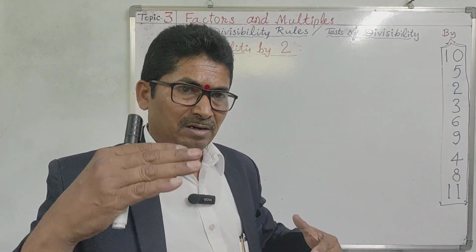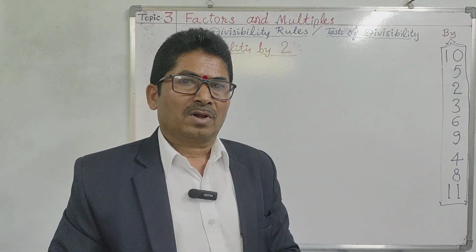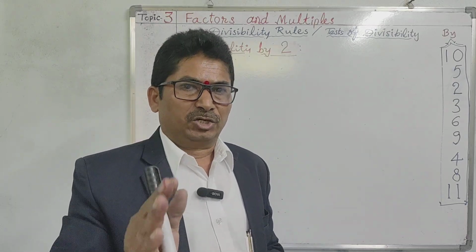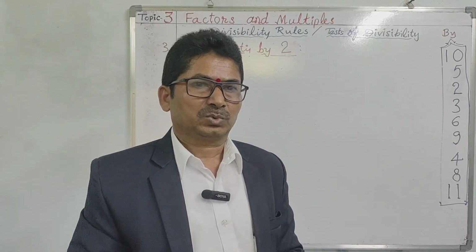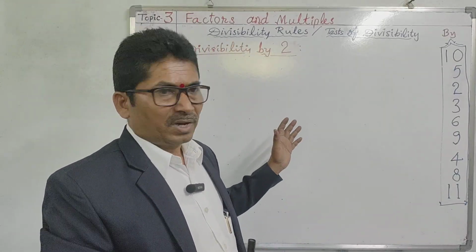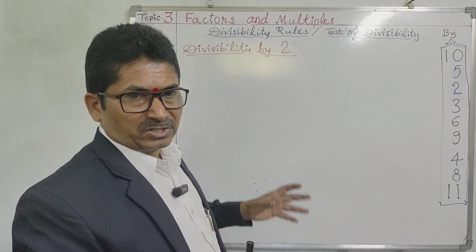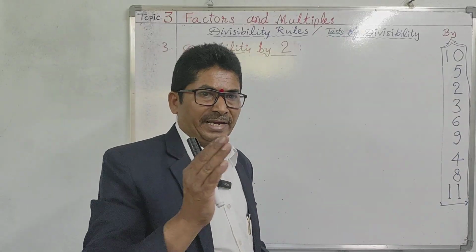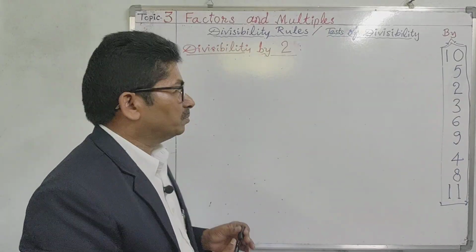Or in other words, all even numbers are exactly divisible by 2. To understand this rule, I am writing here some numbers. Tell me which are exactly divisible by 2.